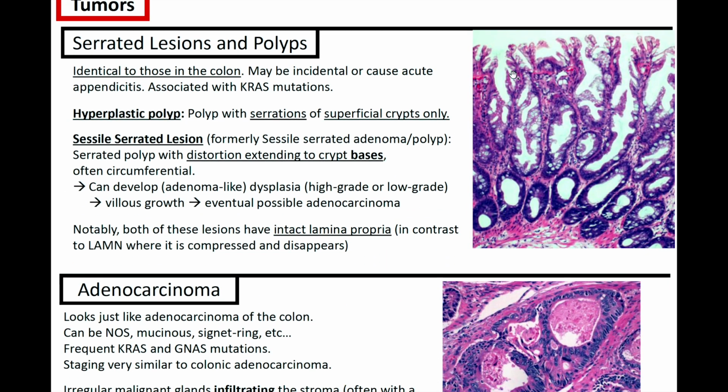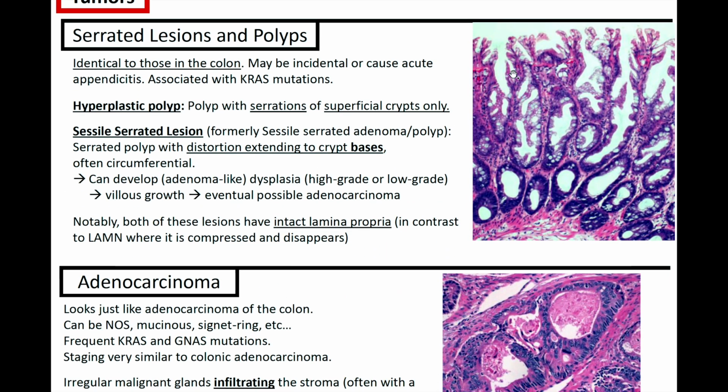All right, now we're moving into the neoplastic territory of the appendix. For tumors, you can have serrated lesions and polyps. They're identical to those seen in the colon, but good review nonetheless. They may be incidental or cause acute appendicitis, and they are associated with KRAS mutations. You can have a hyperplastic polyp, which is a polyp with serrations of the superficial crypts only.